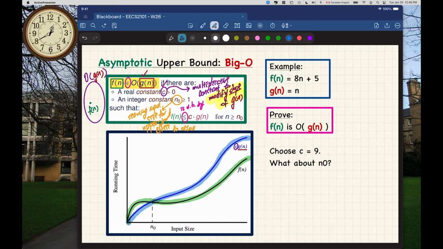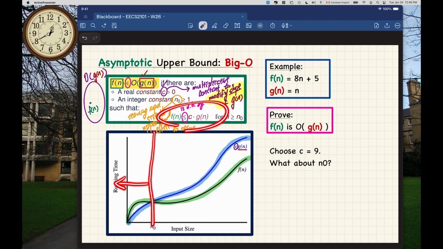Now we want to consider the upper bound effect. These two functions are kind of twisted somehow. You can see there is a middle point right here. Before this point, the equation is not the case. That equation says f of n should be less than or equal to c times g of n.